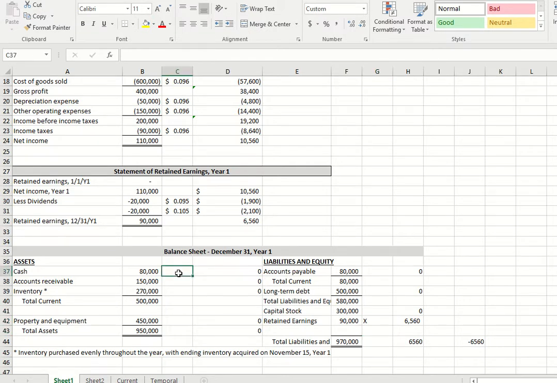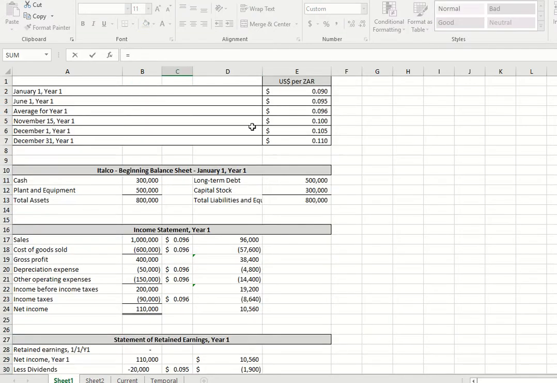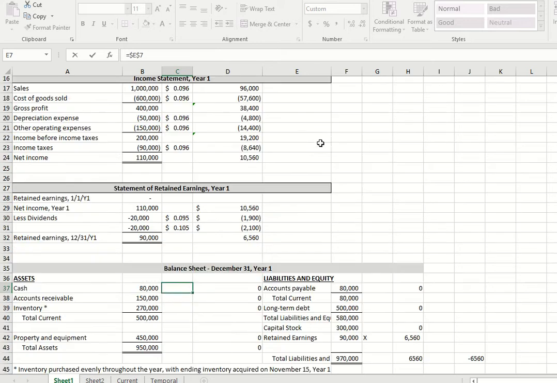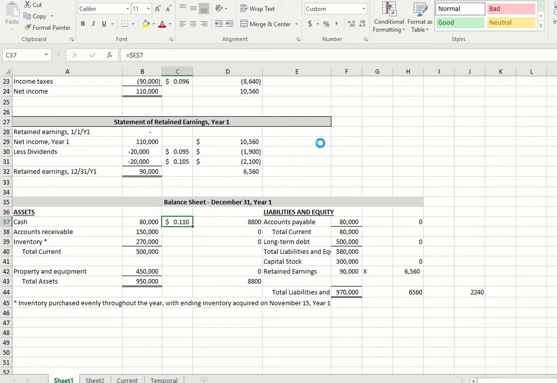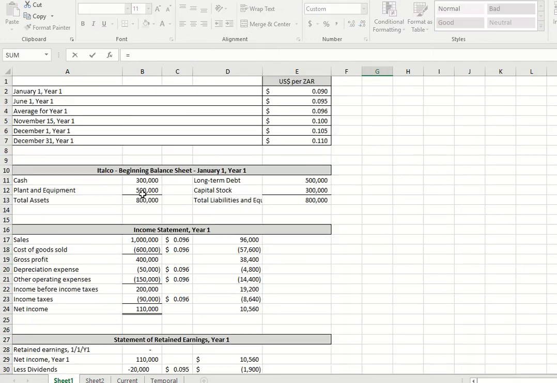And then I'm going to continue on with my current rate method. So all my assets and liabilities would be at a current rate, and then this capital stock should be at a historical rate. So not too bad here. Let's get that current rate, which is December 31st. Use that all the way through. Nothing special with inventory for this problem. And then we'll pull this capital stock.